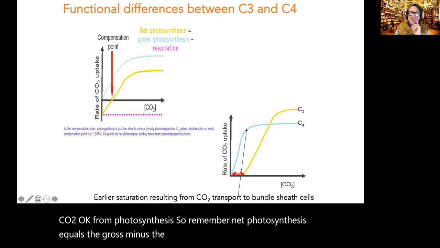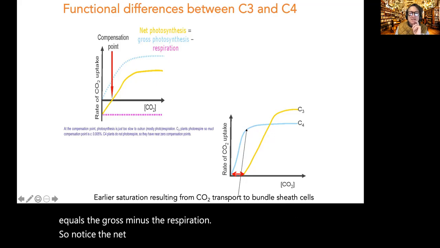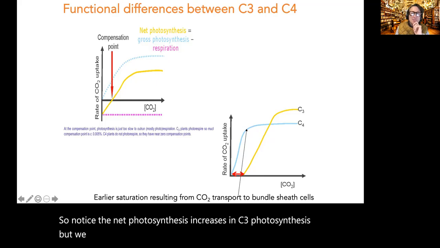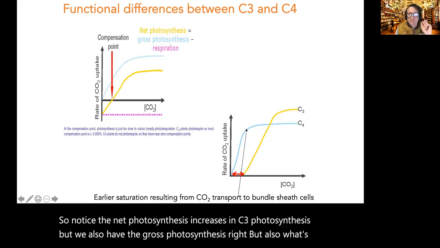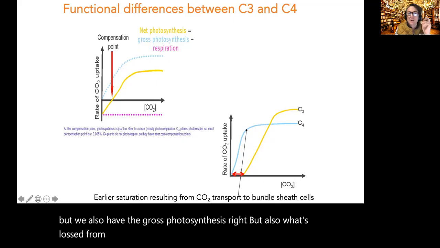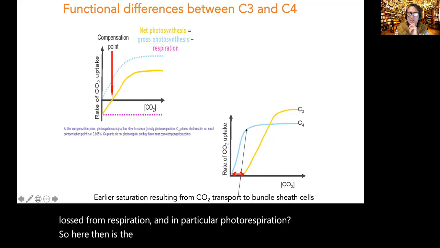So notice that net photosynthesis increases in C3 photosynthesis, but we also have the gross photosynthesis, and what's lost from respiration, in particular photorespiration. So here is the difference between a C3 and a C4 plant on an A/Ci curve.